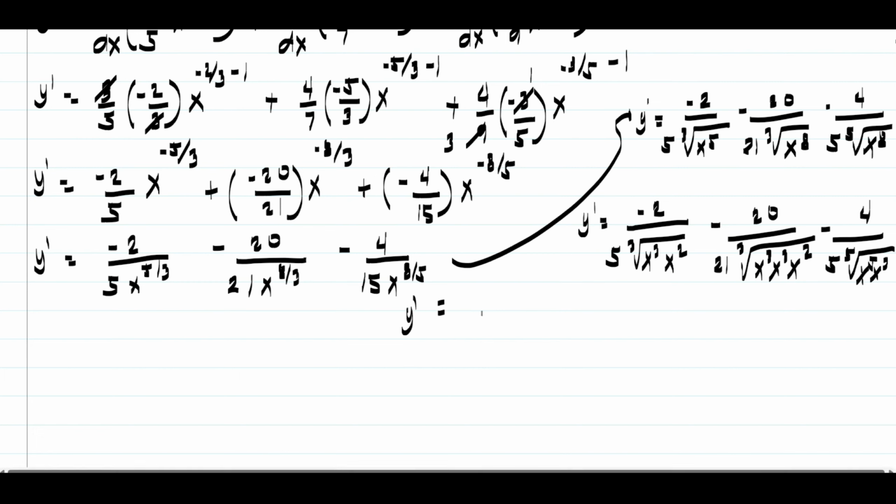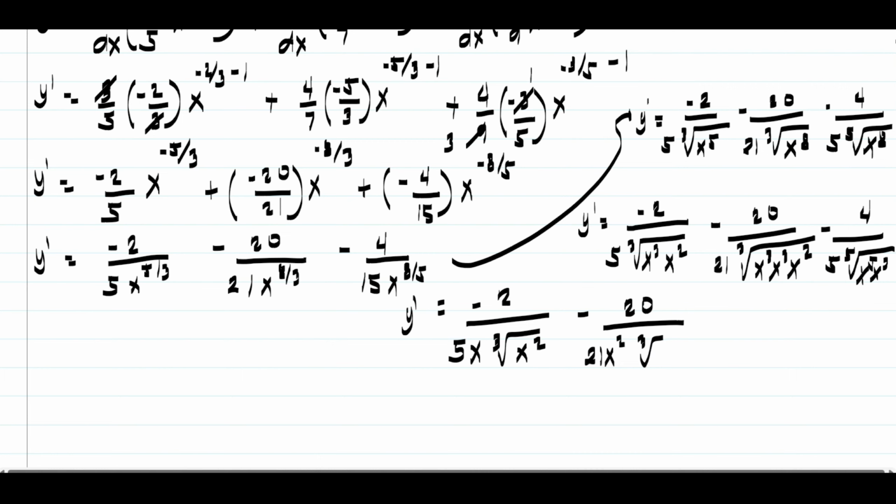y prime equals negative 2 over 5. And since we only have one x cubed, we are going to have x and then cube root of x squared, minus 20 over 21. And since we have 2 x cubed, we are going to have x squared. X squared indicates the number of perfect cubes inside the radical sign.